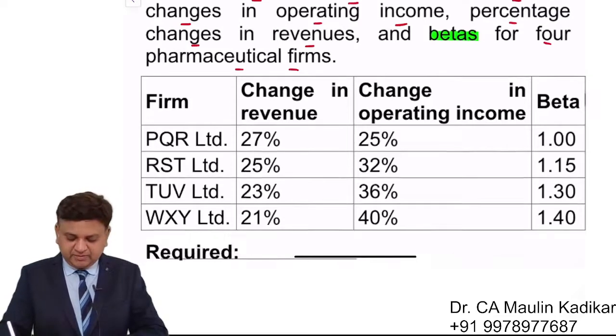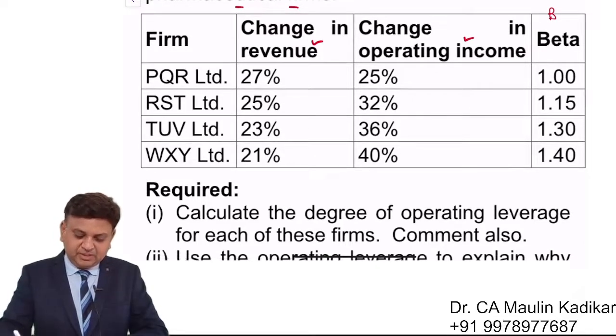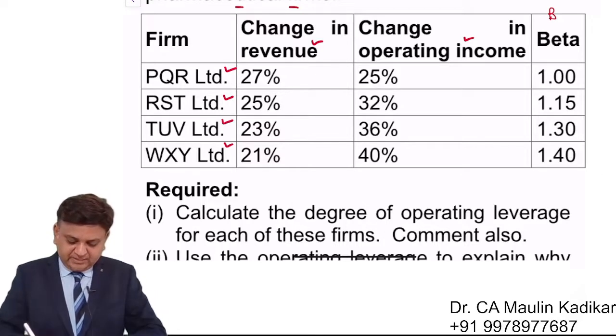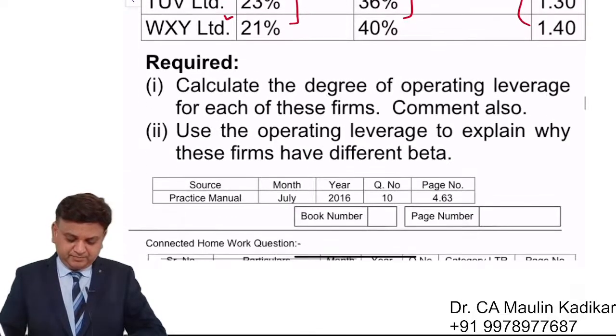So we have been provided with information about percentage change in sales, percentage change in operating income, and beta information. The names of the companies provided to us are PQR, RST, TUV, WXY. Percentage change in revenue is given, percentage change in EBIT is given, and beta information is given.